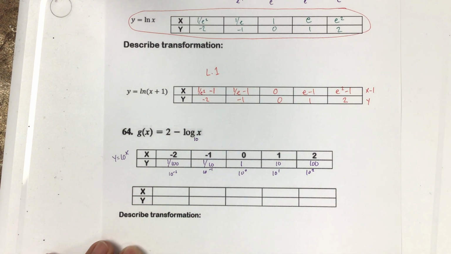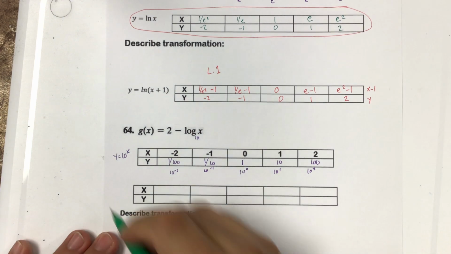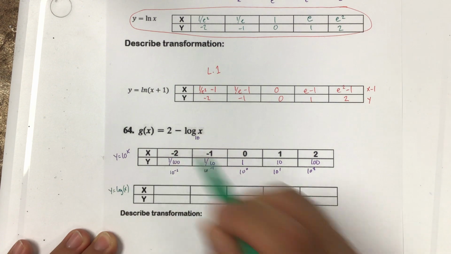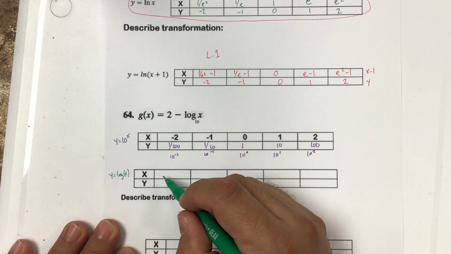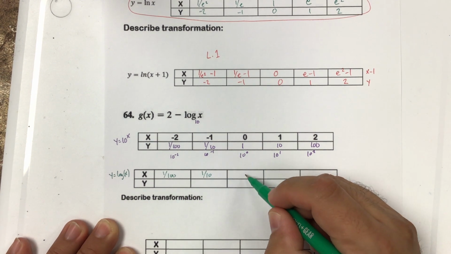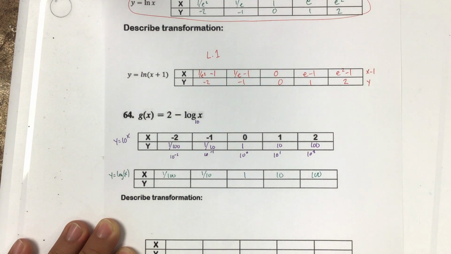All right. Who's going to give me my new inverse table? So this is going to be y equals log of x. So what are my new x values for this one? 1 over 100. 1 over 10. 1, 10. Nice job.